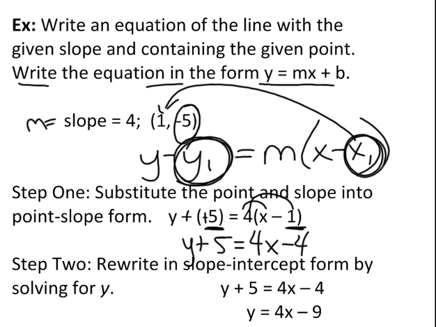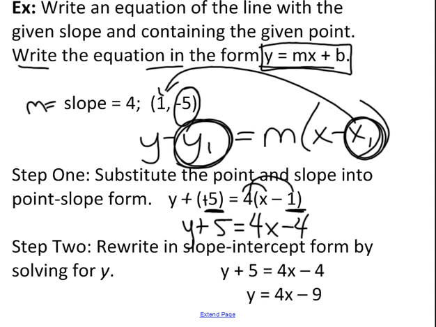I said I want the answer in y equals mx plus b form, so you have to get the y by itself, subtract 5, and you get y equals 4x minus 9.